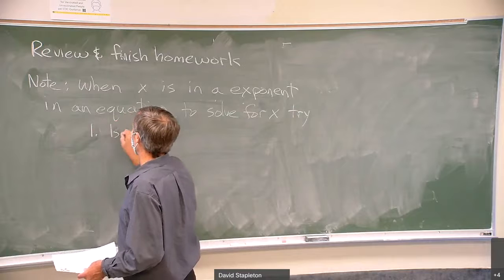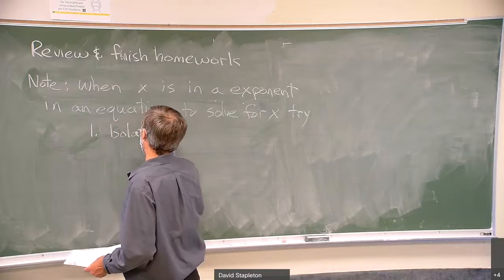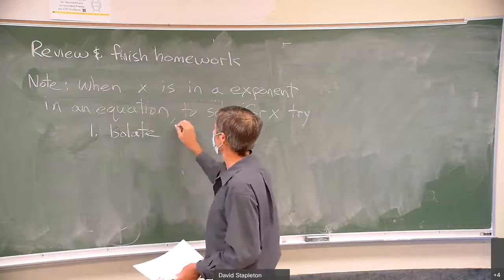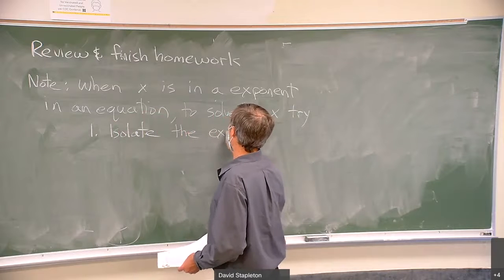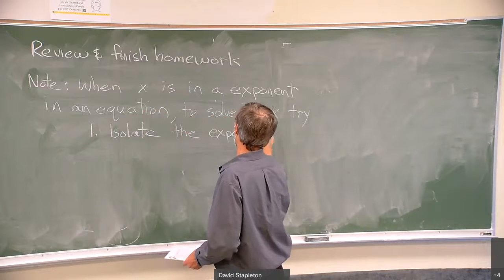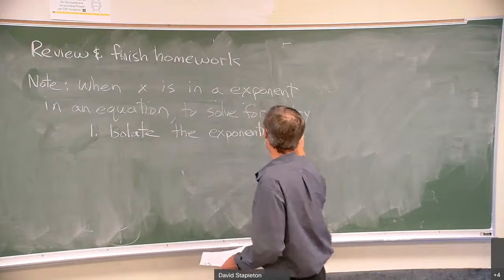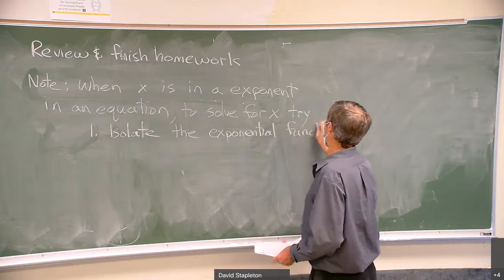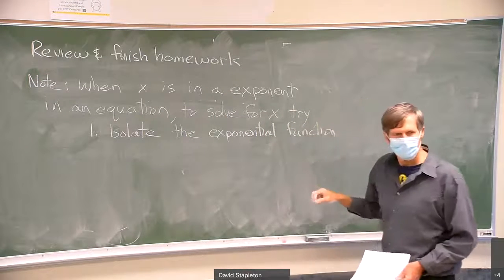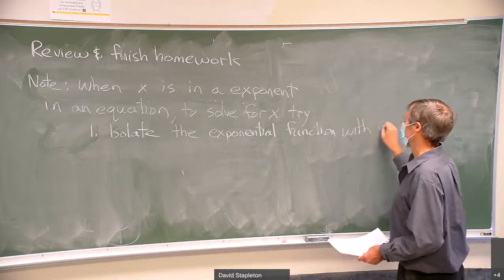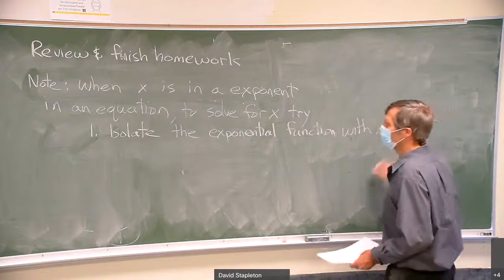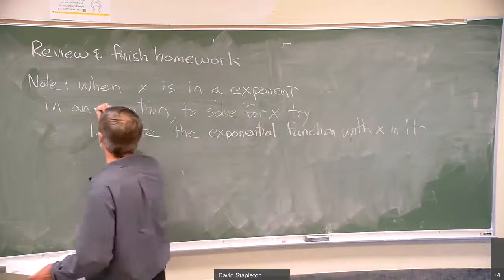One, you isolate the exponential by algebra, right? By elementary algebra, meaning put it on one side of equals by itself. Isolate the exponential function that has x in it. And then take the logarithm of both sides.